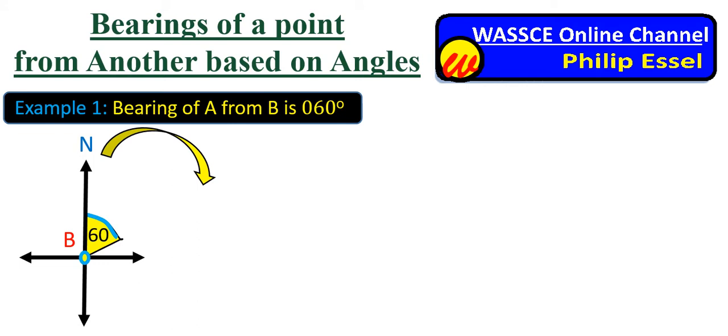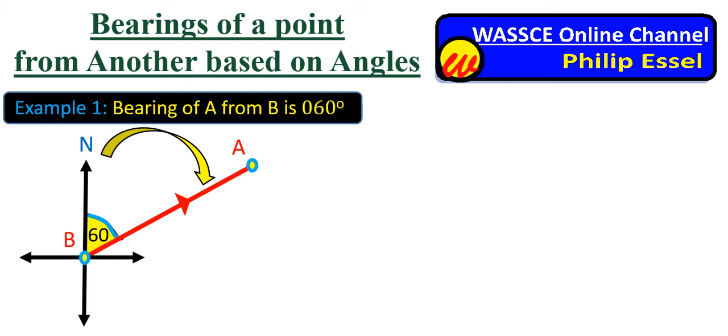We will now show our arrow diagram which indicates the movement from B to point A. We would finally show our destination point, that is point A. So this is the diagram you would use to show the bearing of A from B being 60 degrees.